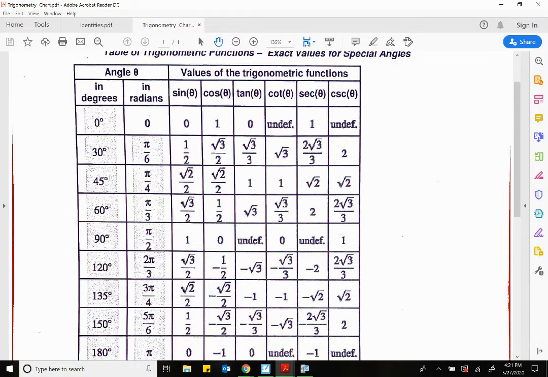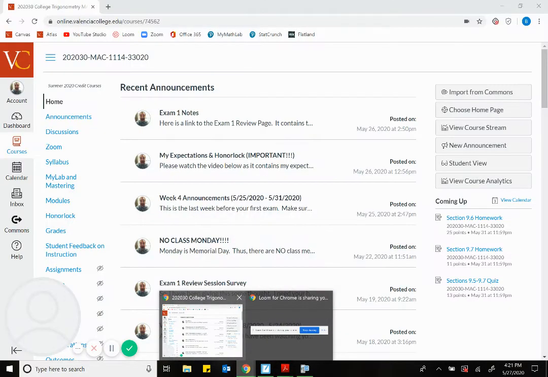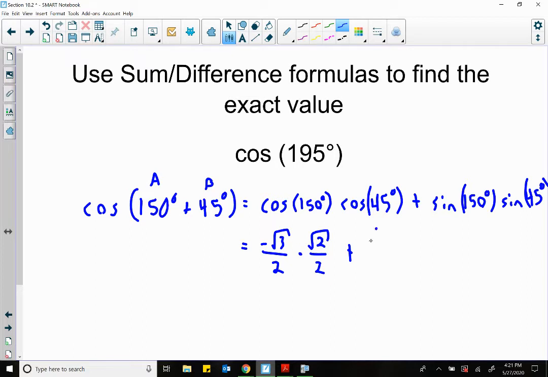Sine 150, yep, positive a half. Oops, wrong page. Sine 45 is the square root of 2 over 2. And repeat the process. This will be a negative square root of 6 all over 4. Over here, this will be square root of 2 over 4.